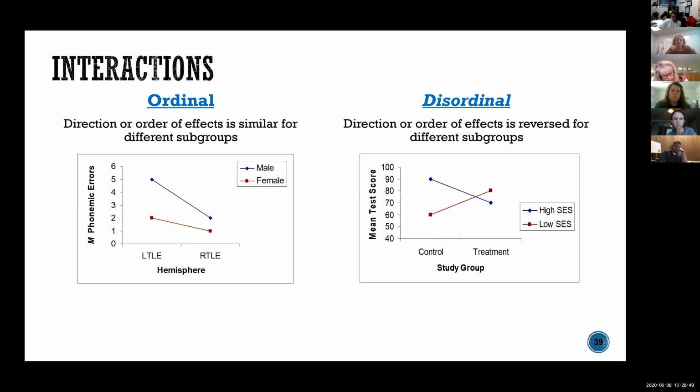Because see, what happens when you compare left and right for women? Left is a little bit more errors than right, but for men, left hemisphere is a lot worse than right. So the impact is enhanced in males. It's not the same. So ordinal interactions are still very important, even though they're not crossing and changing order.